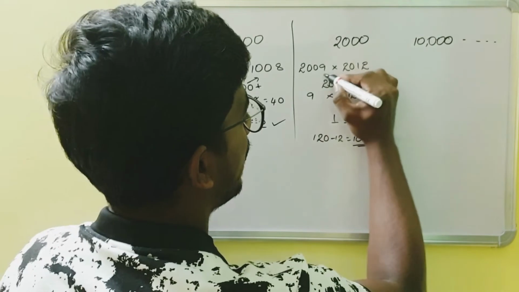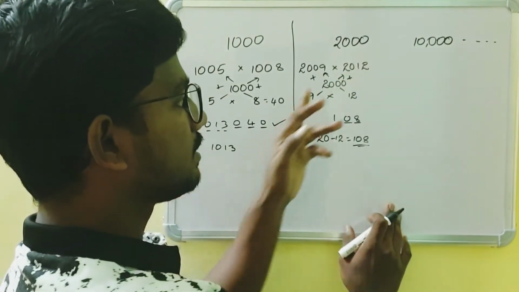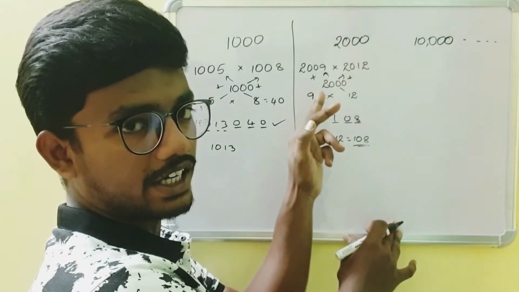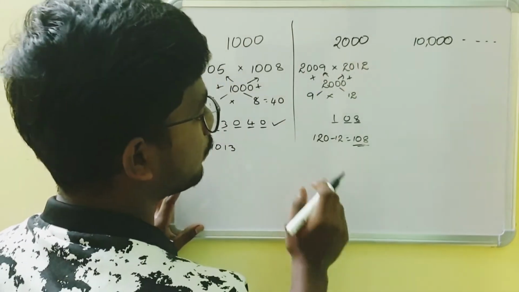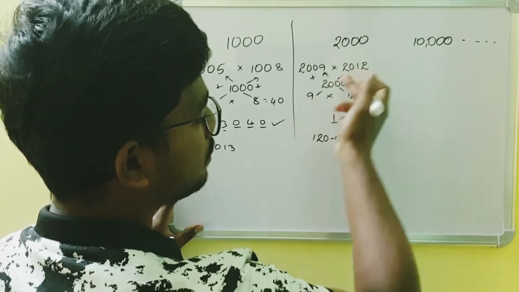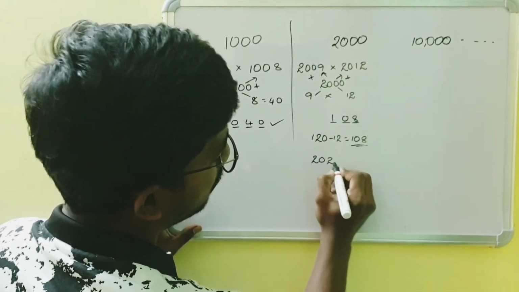Now we have to add the cross differences. So we have to add, because these numbers are greater than 2000. If they are lesser than 2000, we would have subtracted from the value. But these numbers are greater than 2000, so we are adding them. So by adding 12 with 2009 or 9 with 2012, we will get 2021.